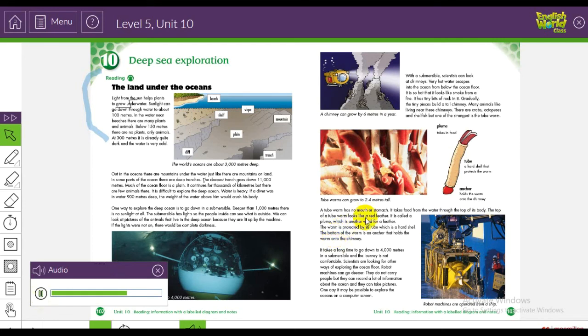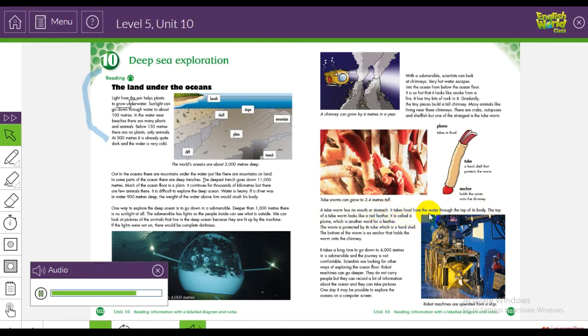2.4 meters tall. Plume. Takes in food. Tube. A hard shell that protects the worm. Anchor. Holds the worm onto the chimney. A tube worm has no mouth or stomach.